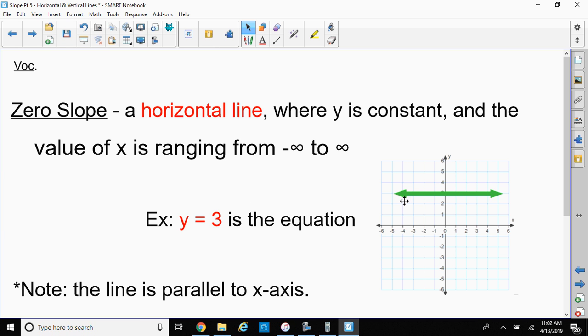This green line goes from left to right, and it's at the number 3 on the y-axis. It runs through the y-axis at 3, and that equation is going to happen to be y equals 3. So note the line is parallel to the x-axis. Here's the x-axis down here, and it's parallel to it. Means it's never going to touch the x-axis. So it's parallel.